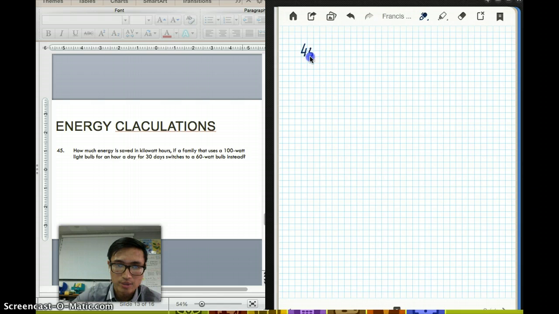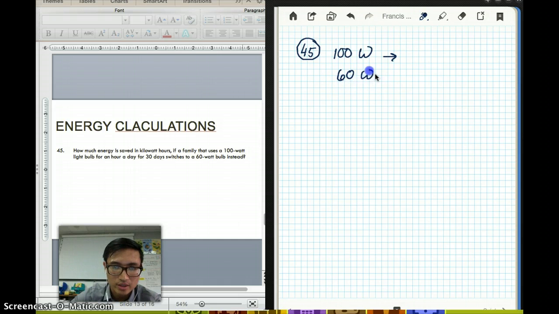So again, this is problem number 45. If you have 100 watts and you use them for 1 hour a day for 30 days, how many watt hours is that going to take? And versus if you have a 60 watt, what is that going to be? And you're going to find the difference between the two, right?